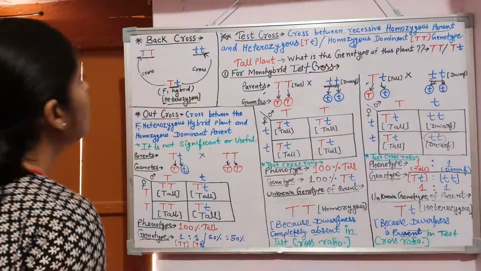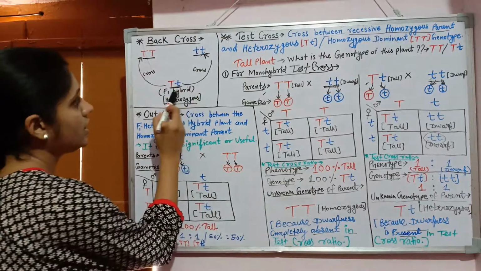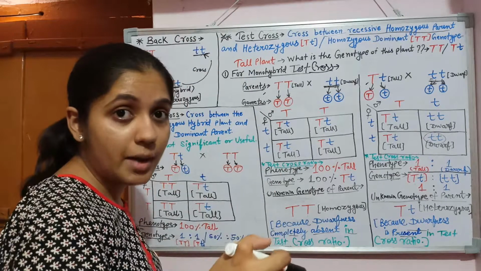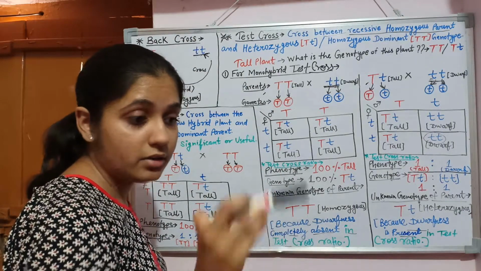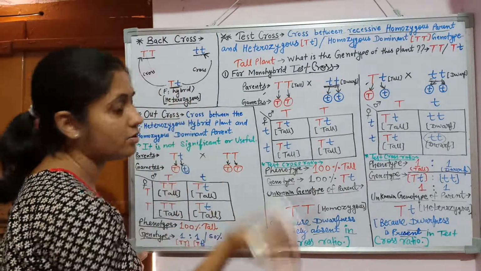So what is the back cross? Back cross means the F1 hybrid. You know, in the F1 hybrid Mendel got all the plants tall, but the genotype is heterozygous.